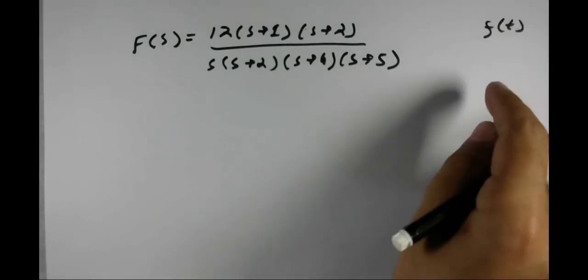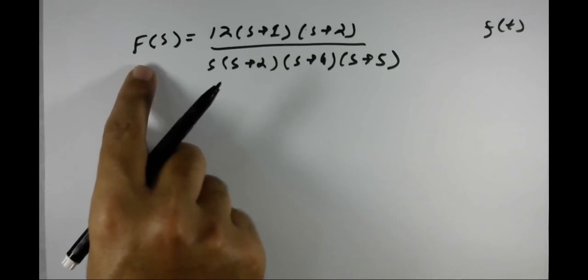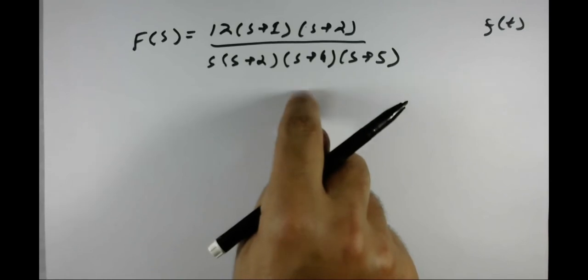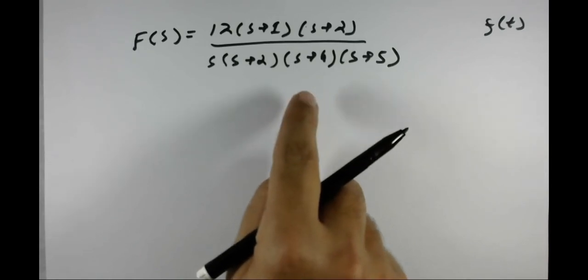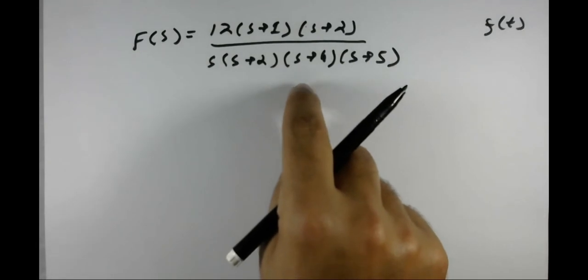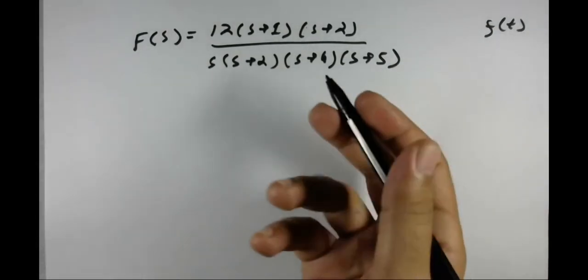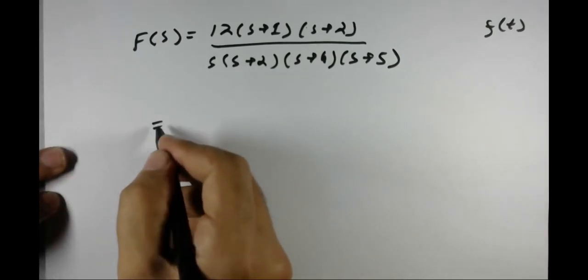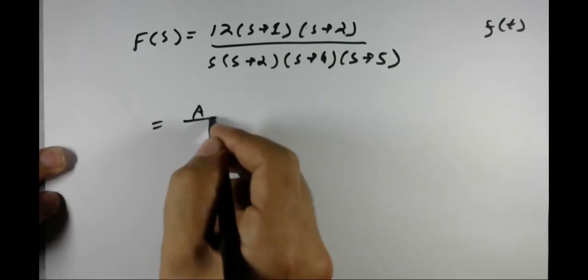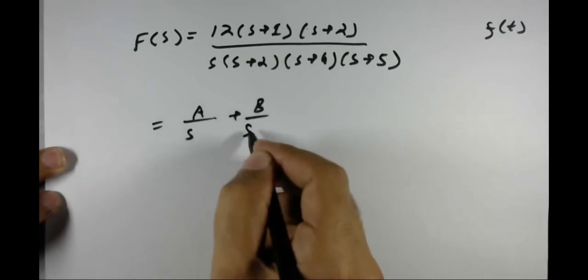To find f of t, you need to find the inverse Laplace of f of s, and for that you need to find the components of this. For that, you need partial fractions, so revise all partial fractions, and then you will apply them here. I'll write it directly. This f of s is equal to a by s, b by s plus 2. This is simple.